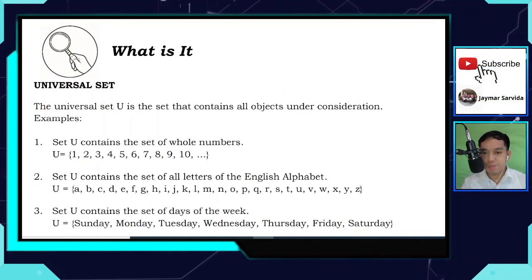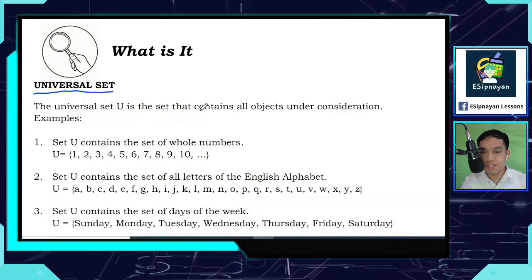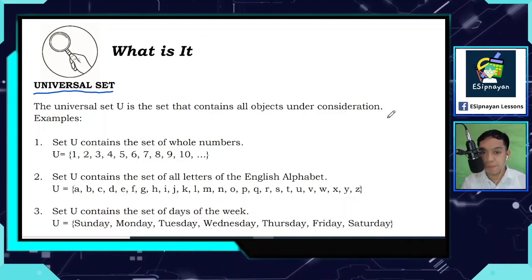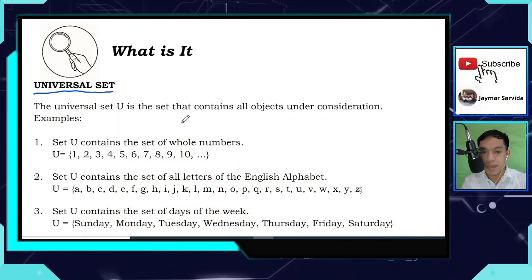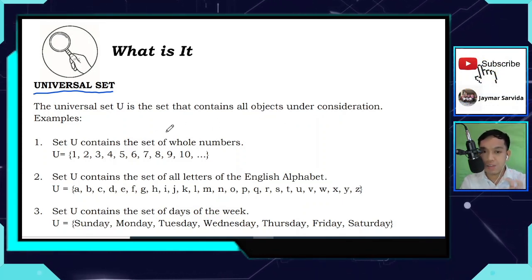Okay, so let's proceed with universal set. Ano ba ang universal set? The universal set U is the set that contains all objects under consideration. Okay, so example, set U contains the set of whole numbers. Ito yung kabuuhan. Kabuuhan yung ating universal set.